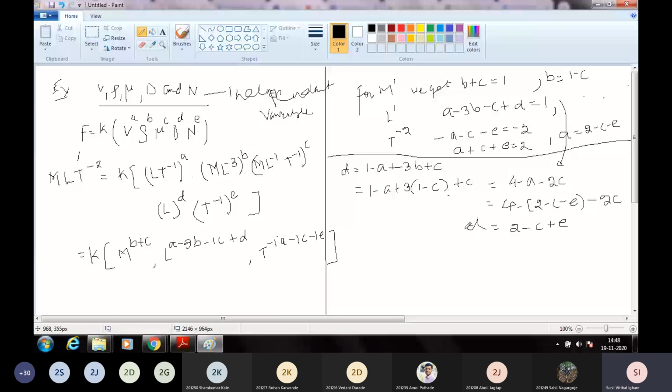So what I have done, I have just found out the values of A, B, and D, and you just see here that all are in terms of only C and E. Okay. So the next task is what? We just put the values in our previous equation.